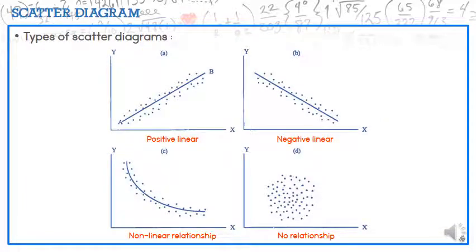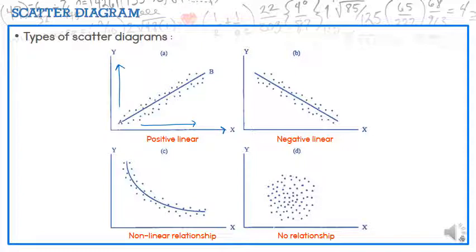These are a few examples of a scatter diagram. And from these examples also, we can differentiate between a few types of relationship. In the first diagram here, we can see that as x increases, y tends to increase.